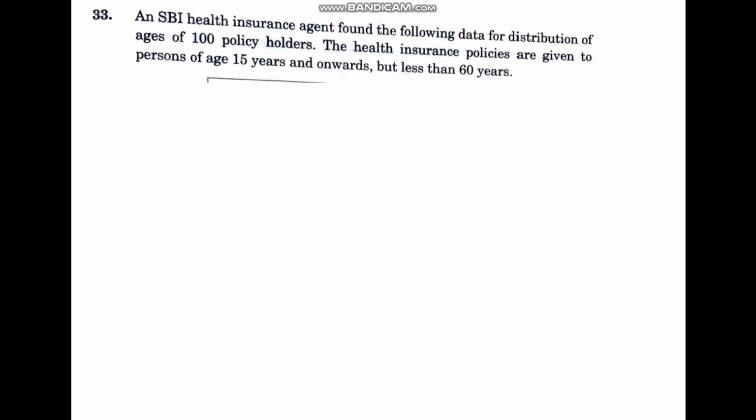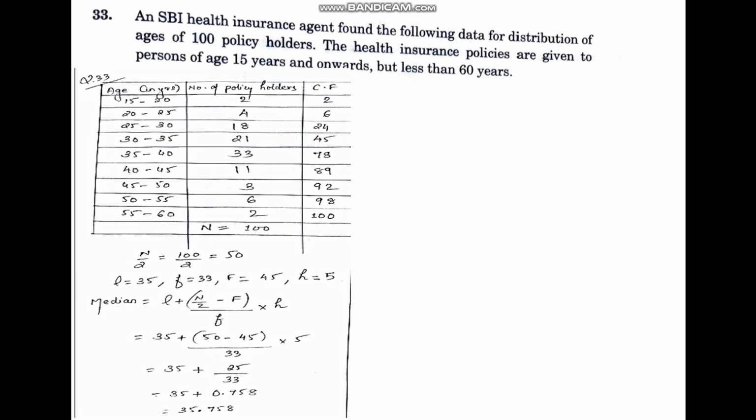Next, an SBI health insurance agent found the following data for the distribution of ages of 100 policy holders. The health insurance policies are given to the age group 15 years but less than 60 years. First, for finding the median, we need to find the cumulative frequency CF.